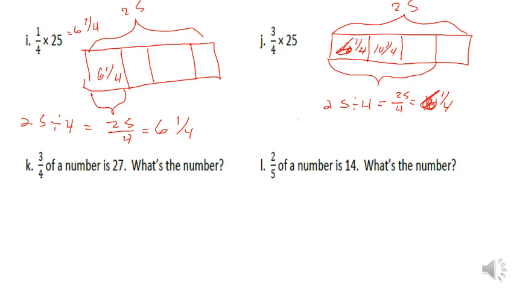Just thinking of a problem ahead of time. So since we know that's 6 1/4, now we have 6 1/4 times 3, which I can go 3 times 6 is 18, and then I have 3 times 1/4, which is 1 times 3 over 4, which equals 3/4. So it's going to be 18 3/4.